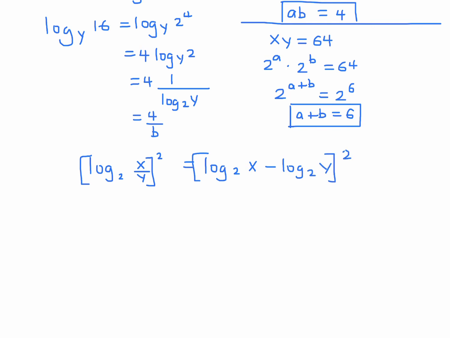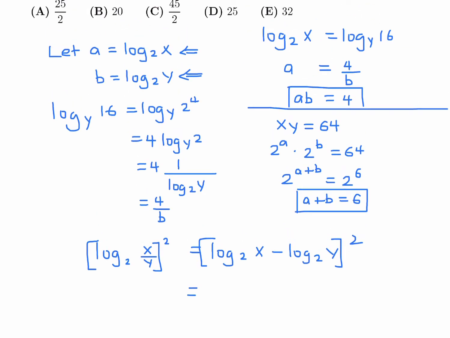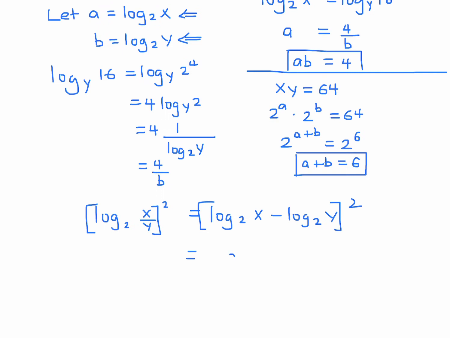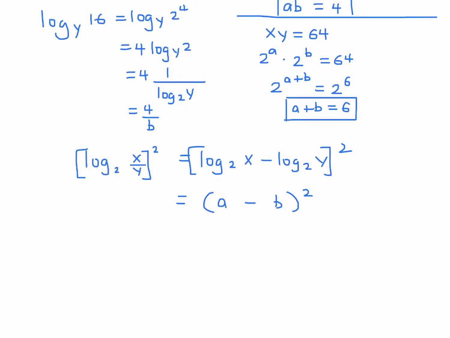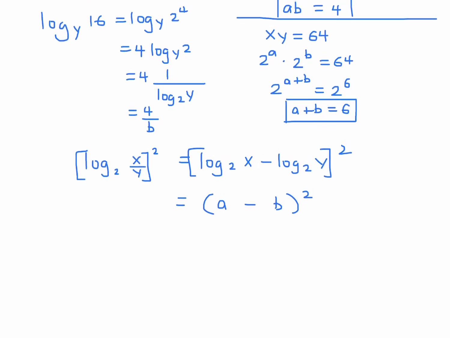The log of x to the base 2 we had originally called a, and the log of y to the base 2 we had called b. So this becomes just a minus b squared. And if you expand this, you get a squared minus 2ab plus b squared. Rearrange it, a squared plus b squared minus 2ab.